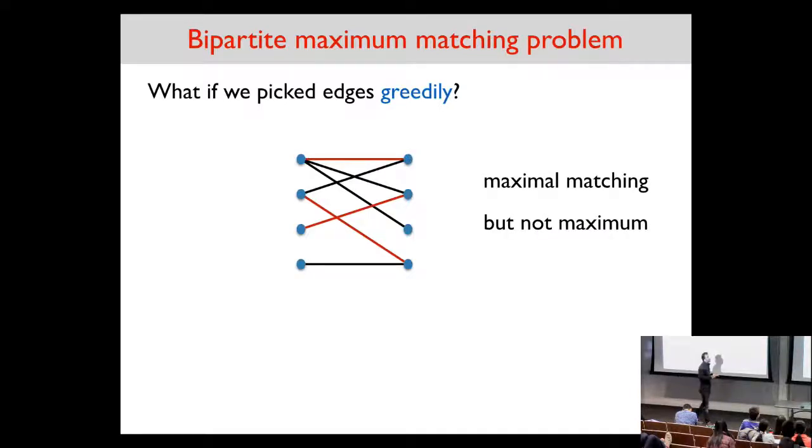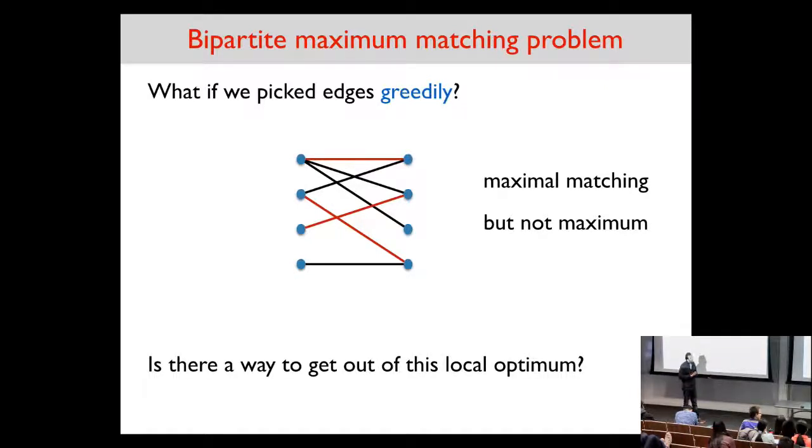This way, you can get a maximal matching, but not necessarily a maximum matching, because this particular graph actually has a perfect matching with 4 edges. But the way we did it, we were only able to get up to 3.